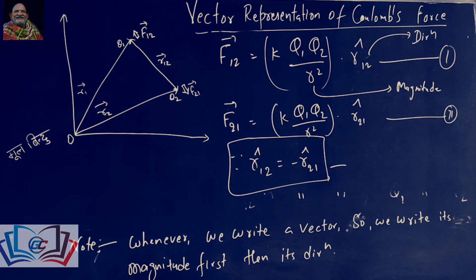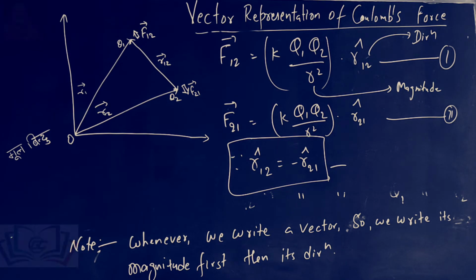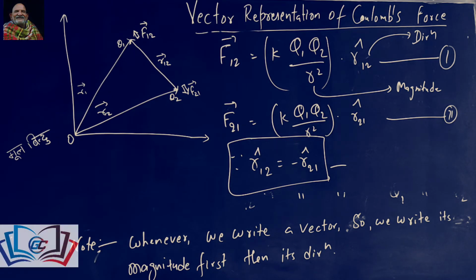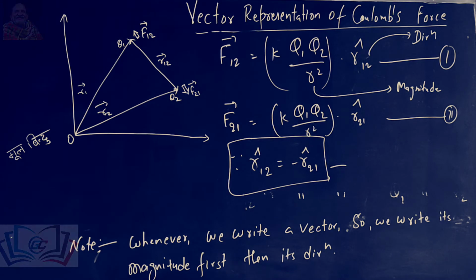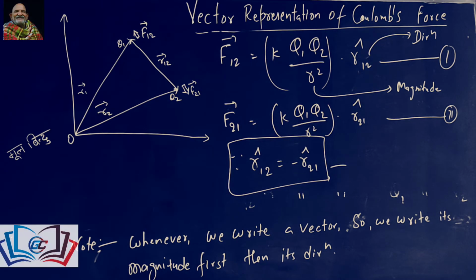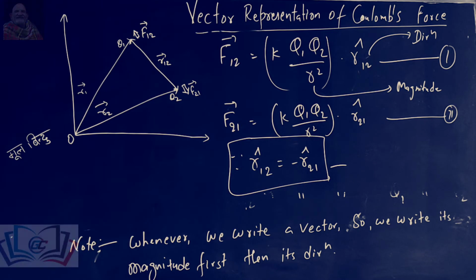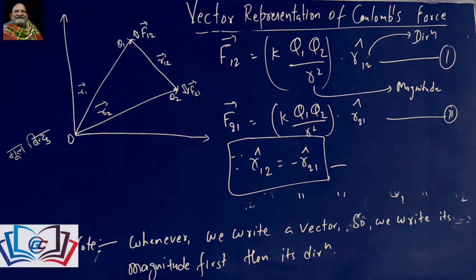Why are we writing this? Because we have to write magnitude first and then direction. So r12 cap is the direction and k q1 q2 by r square is the magnitude. Similarly, F21 will be k q1 q2 by r square into r21 cap.